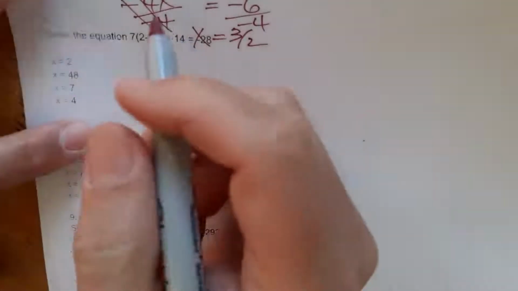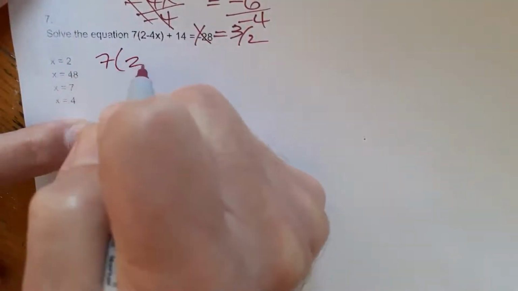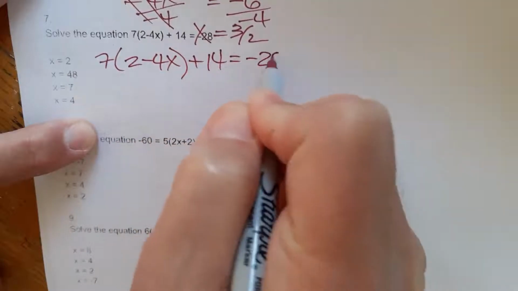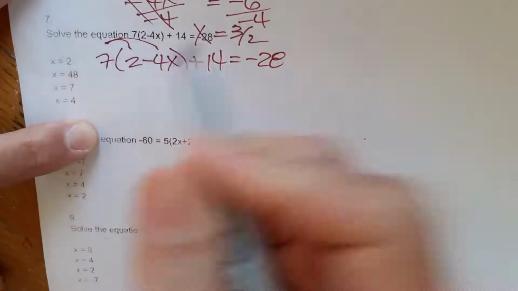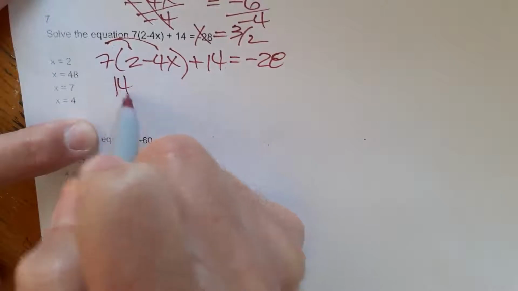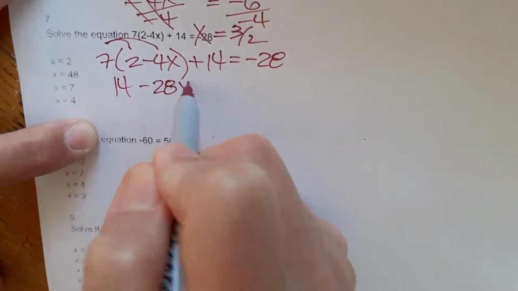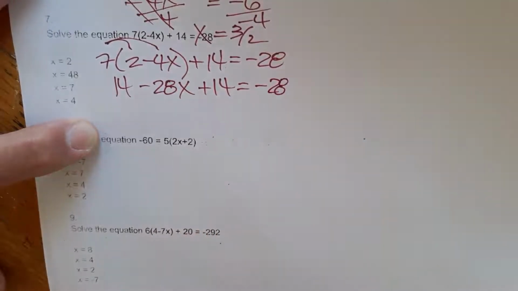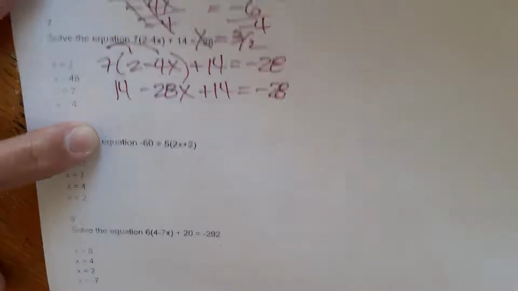All right. Let's see about this one. 7 times (2 minus 4x) plus 14 equals negative 28. We're going to distribute here. And this is 14 minus 28x plus 14 equals negative 28. Oh, duh.